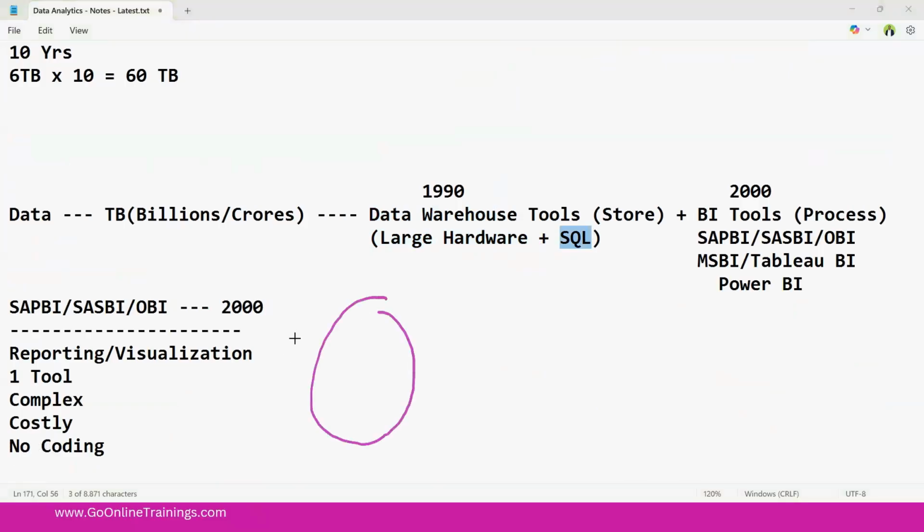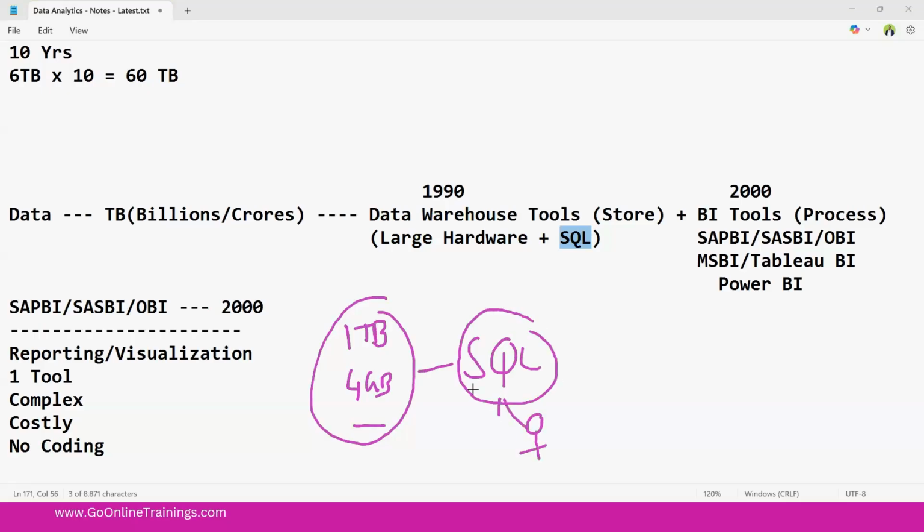My laptop configuration is 1 terabyte of hard disk, 4 GB of RAM, and some processor. If I install any Oracle software, the maximum data I can put here is 1 terabyte. Why? Hard disk capacity is 1 terabyte.